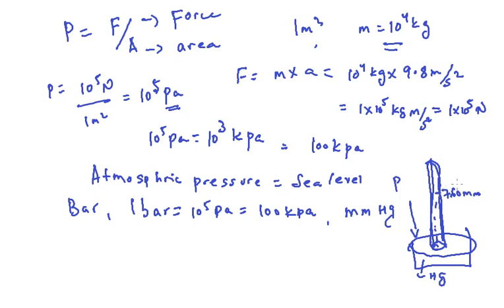Because of that reason, 1 atmospheric pressure, 1 atm, is able to deliver the mercury up to a length of 760 millimeter, and that's the reason we can say 1 atmospheric pressure equals 760 millimeter of mercury, which equals 760 torr at the same time, which is equal to 100 kilopascal.